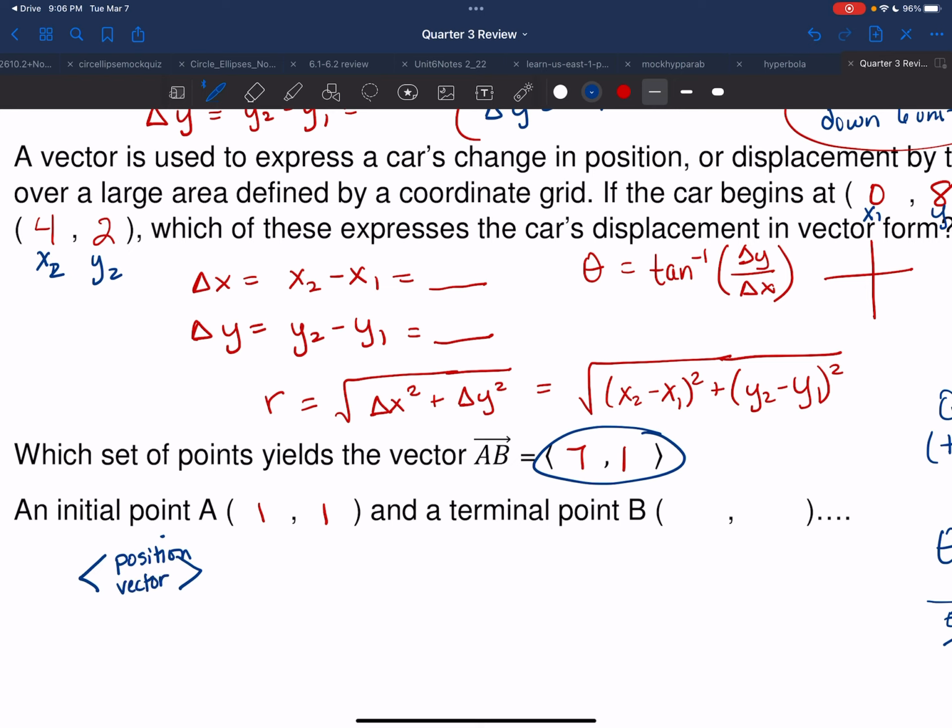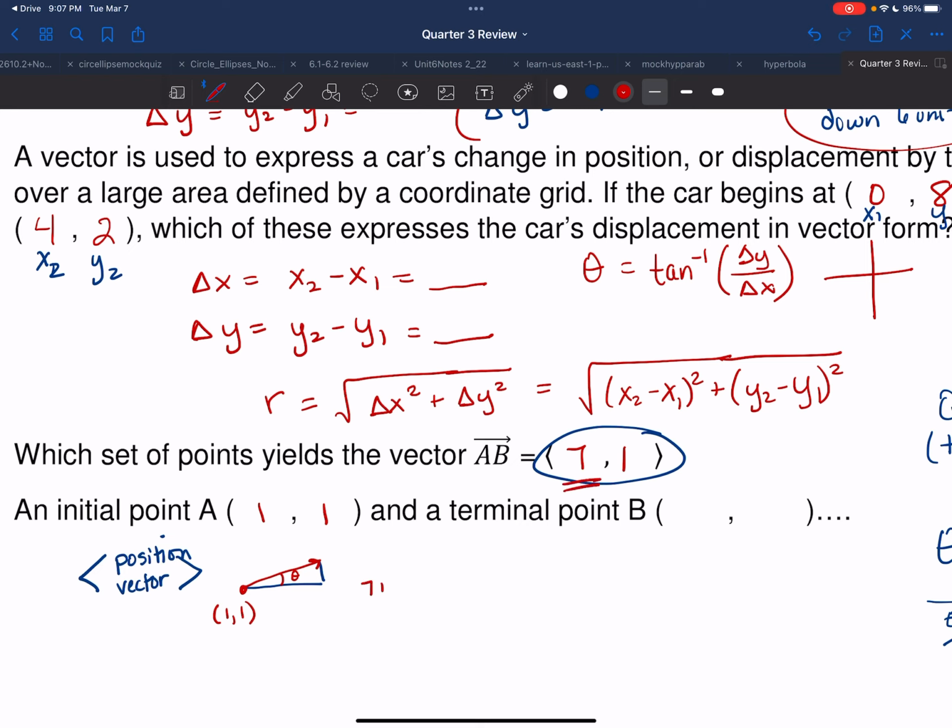It's a position vector, meaning that you know you're going to the right 7 and up 1. So your vector is going to the right 7, up 1, and then your actual vector looks like this at some angle. So if my starting point is at 1, 1, what I want to do is take that x value and add the 7.